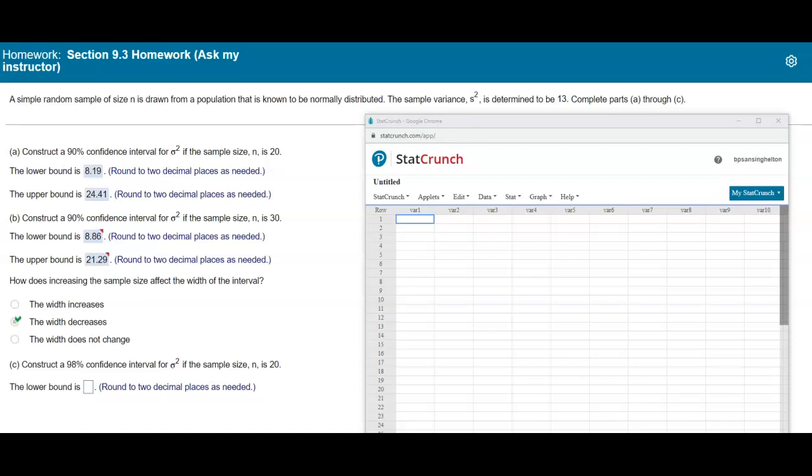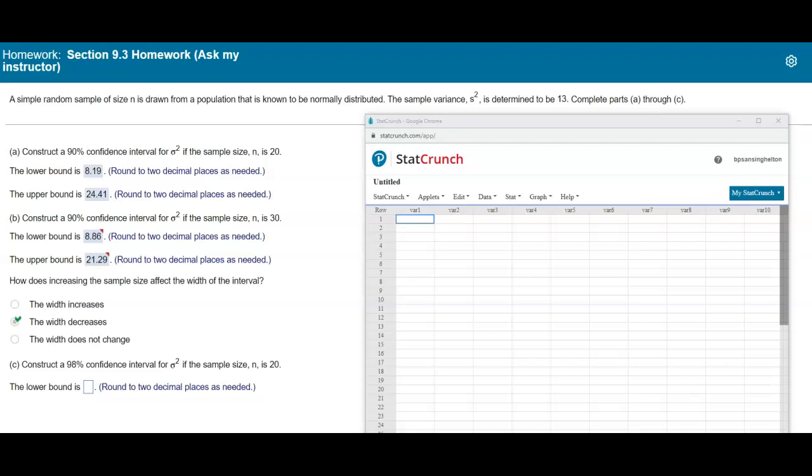So what we're trying to do here is figure out the standard deviation of a population. And we have to remember that variance, the S squared, is the square of the standard deviation. So that's just something to think about.